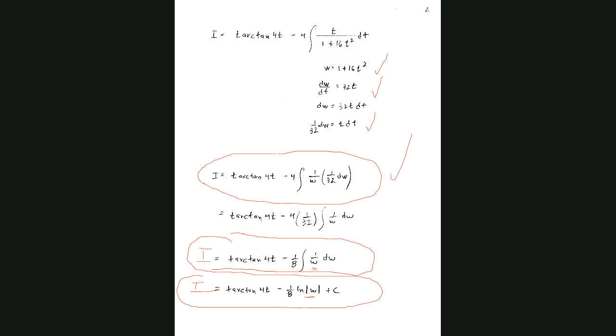Now, will WebAssign take this answer? Tina's right. Justice, Adriana, Kalam are all right. We did the antiderivative, but the original integral was with respect to t. So we have to take the w and substitute back in the 1 plus 16t squared.